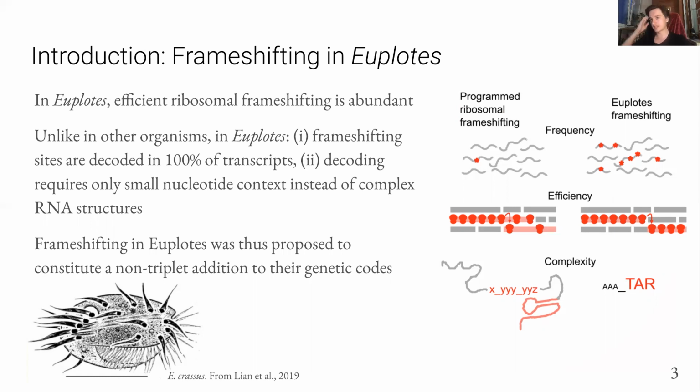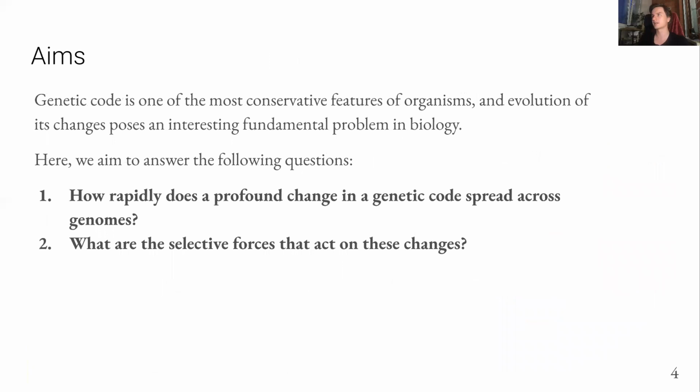It was thus proposed that this feature constitutes a non-triplet addition to the genetic code of Euplotes. It adds families of 4 and 5 nucleotide long codons due to frame shifting happening on 1 or 2 nucleotides forward.